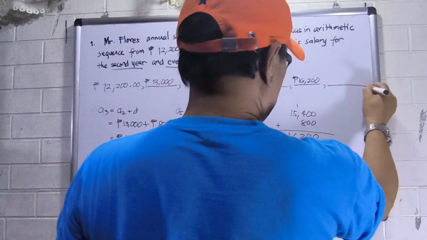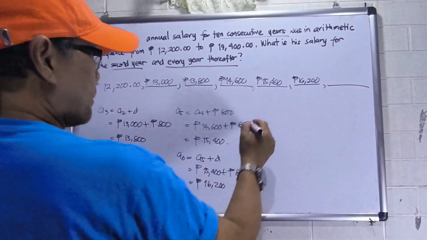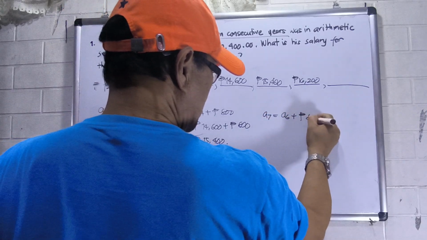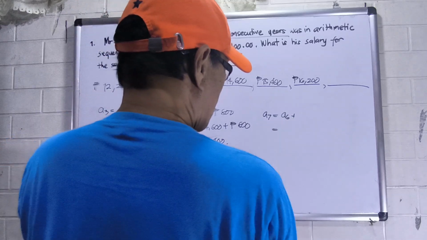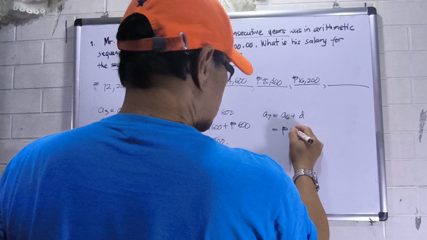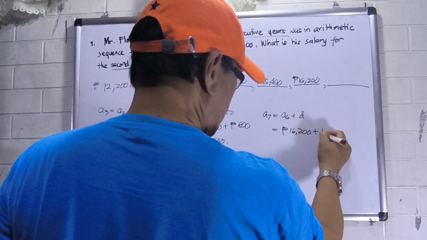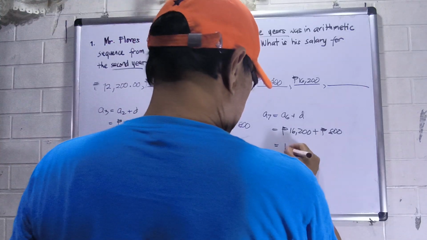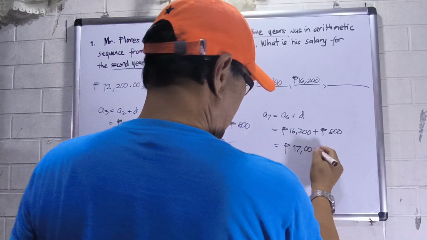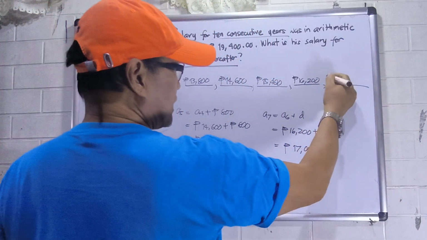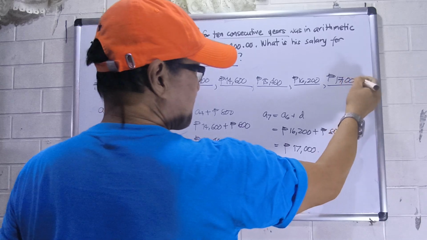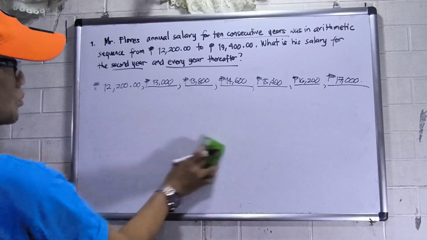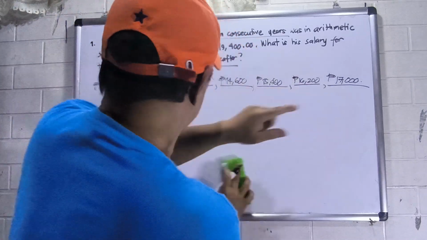Next, A7. A7 equals A6 plus 800, which is the D. So this is 16,200 plus 800, which is 17,000.